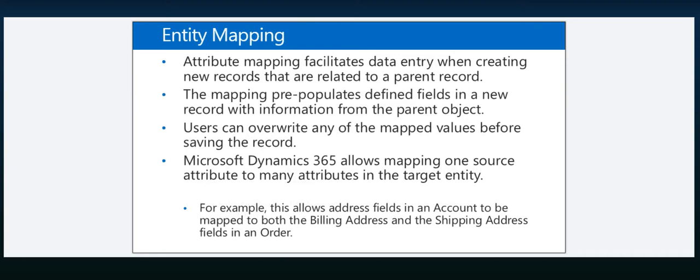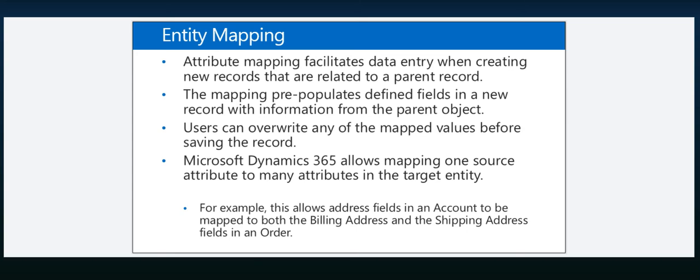All right, so entity mapping. I talked about this earlier when I was talking about the option sets and the local option sets. It's a feature that definitely helps users when they're creating new records in populating the most generic information automatically.